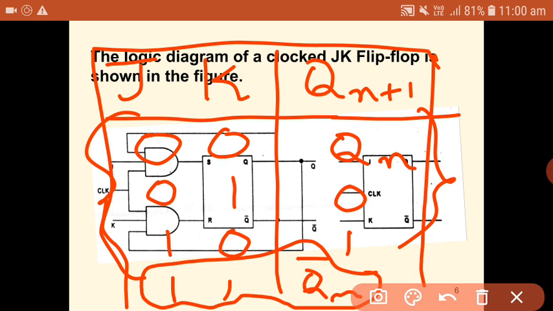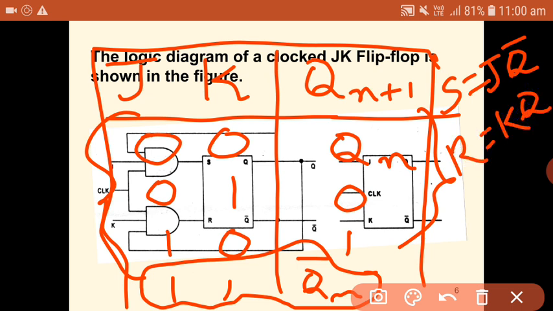By connecting S is equal to J Q bar and R is equal to K Q, you can get the JK flip flop, so that the S is equal to 1 and R is equal to 1 combination can be avoided. The invalid combination can be avoided with the help of the JK flip flop.